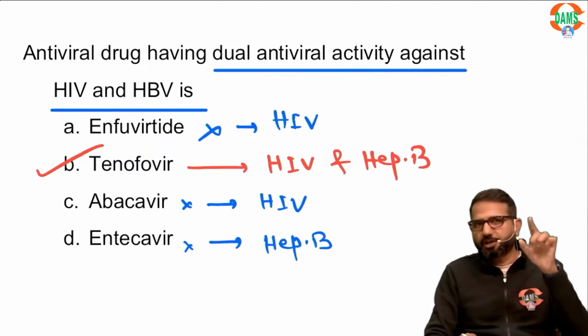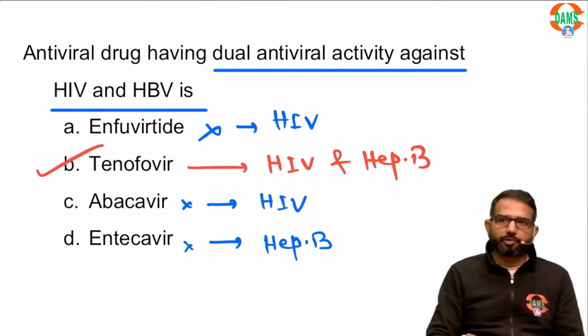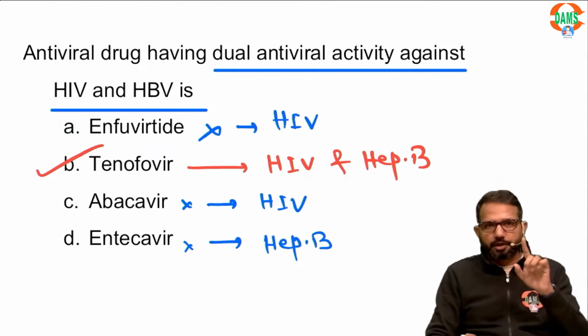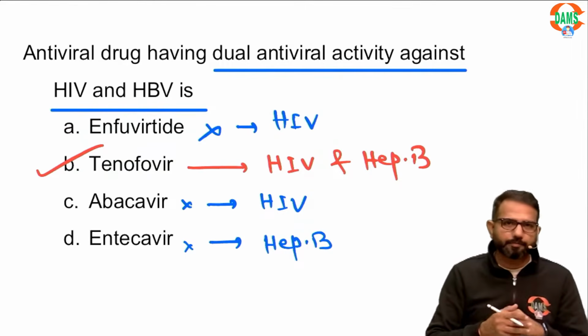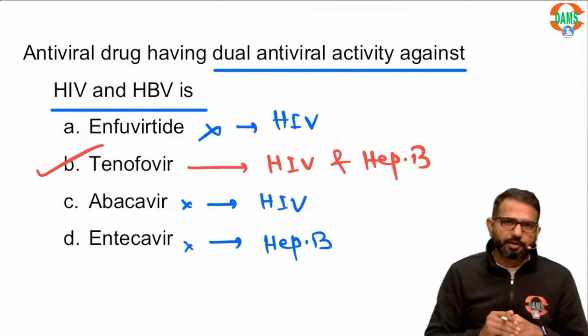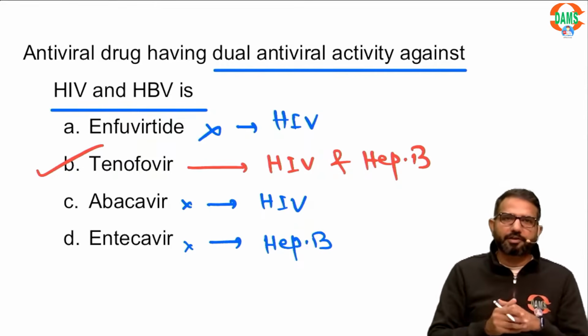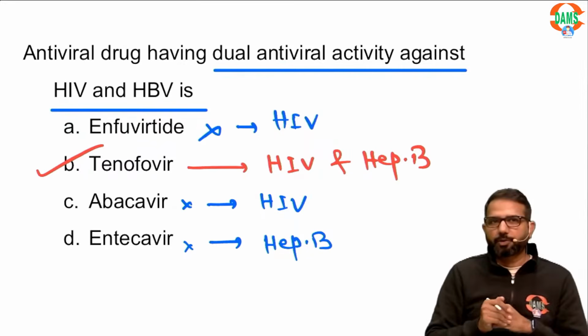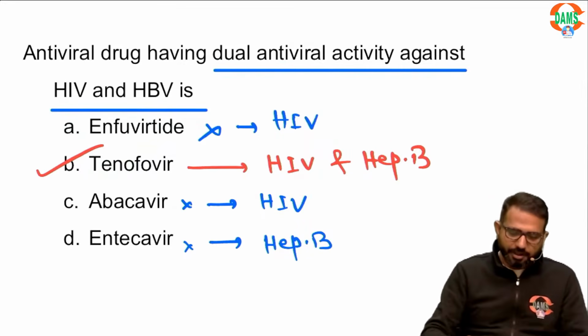Can you tell me the alternative of tenofovir in the renal patient, since it is not safe for renal failure? In the options we have the drug: for renal failure, for antiretroviral purpose, we use abacavir. Option C, abacavir.